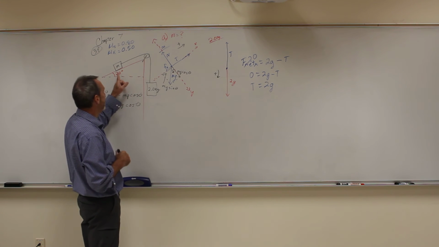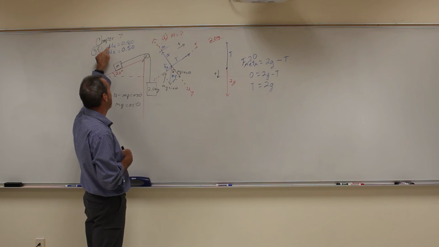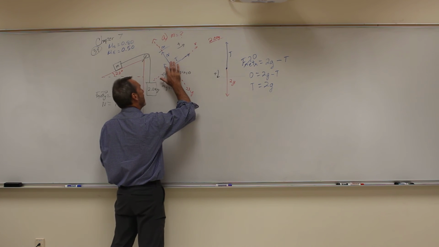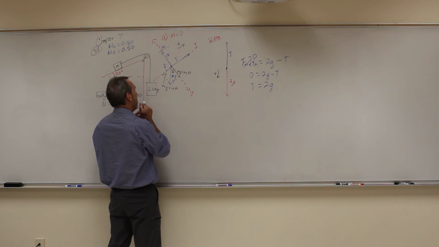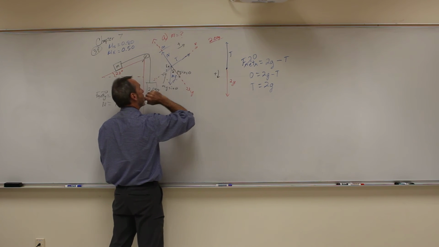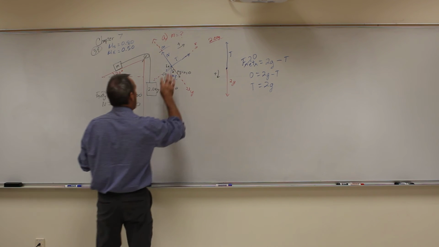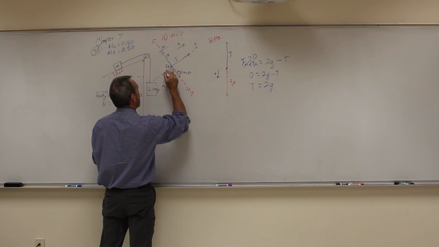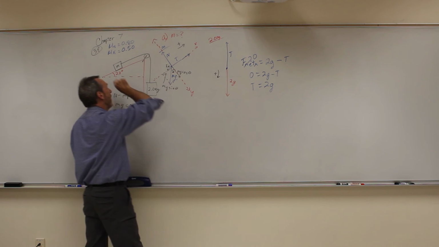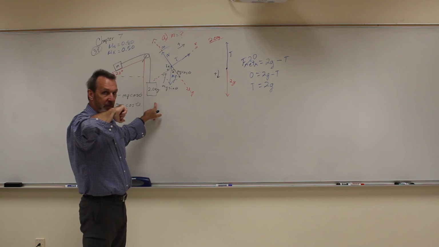So what happens in part B is somebody nudges it so it starts to move, so the static friction changes to kinetic friction. So the only thing that changes in my free body diagram is this becomes kinetic friction. Okay? But because kinetic friction is smaller than the static friction, all of a sudden the tension is greater than those two, and that block starts to accelerate, which means that block accelerates.